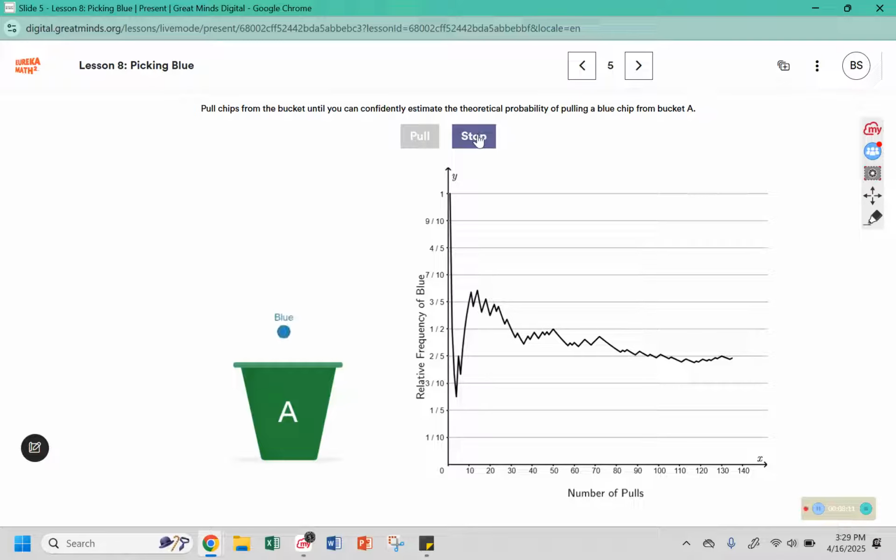Now, I might say that I'm confident here that it's around 2/5 or 0.4 because it started to level out around that location. You can see that it's flattening out around this 2/5 line, which would be a decimal of 0.4.